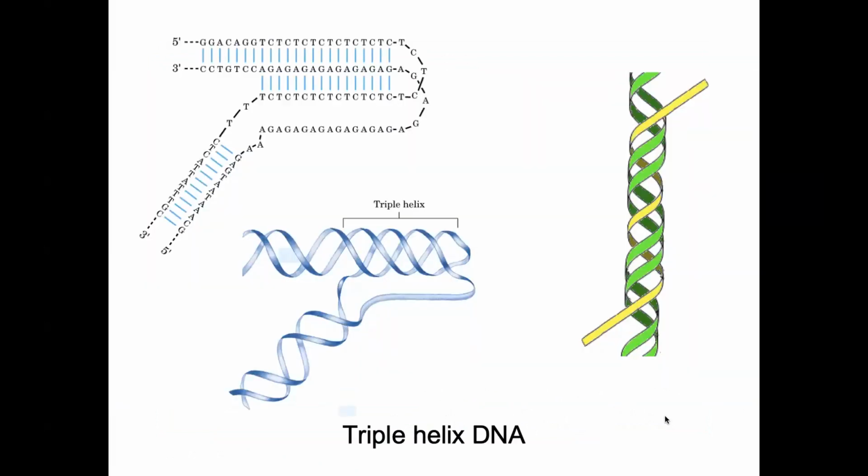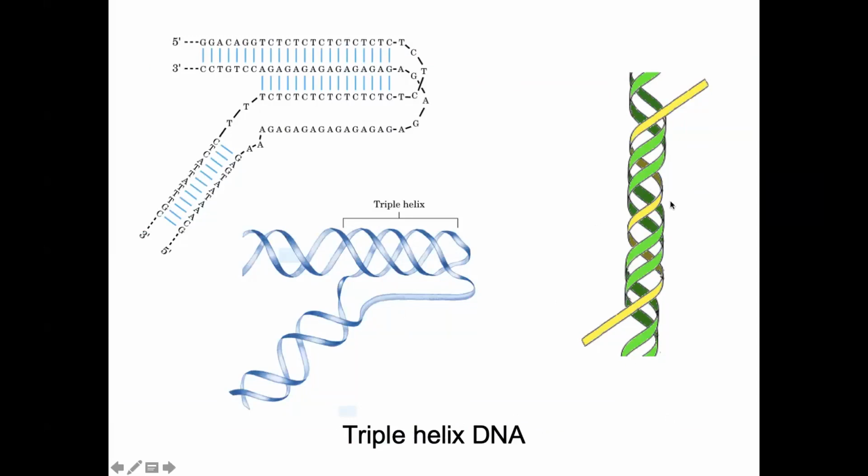So one last form, as I said, for DNA that, again, was first created artificially, but also shown to be biologically relevant, in other words, it can exist in living systems, is H DNA or triple helical DNA. And I've just given you different representations of what would be considered triple helical DNA here. This is probably the best diagram over to the right.